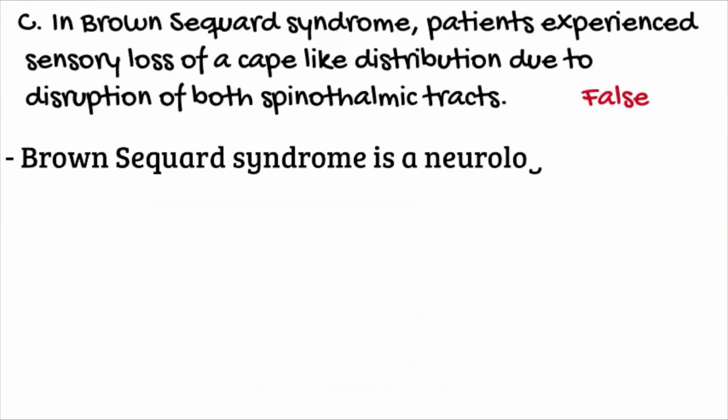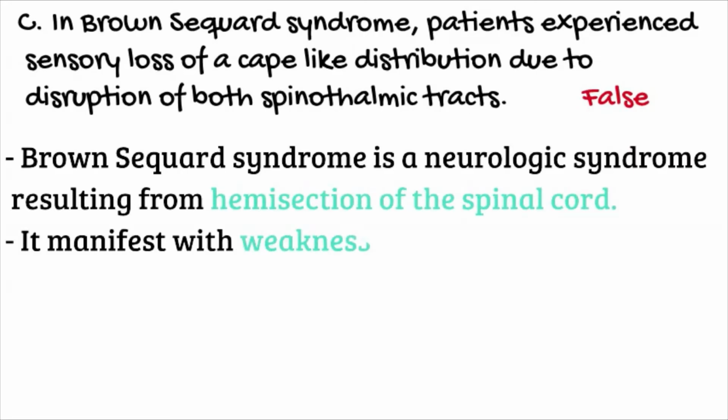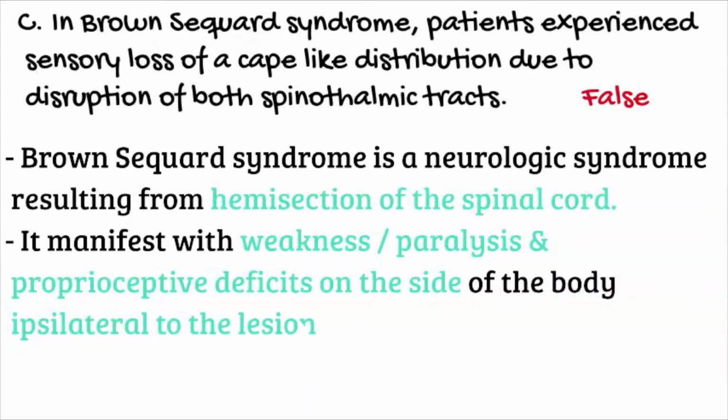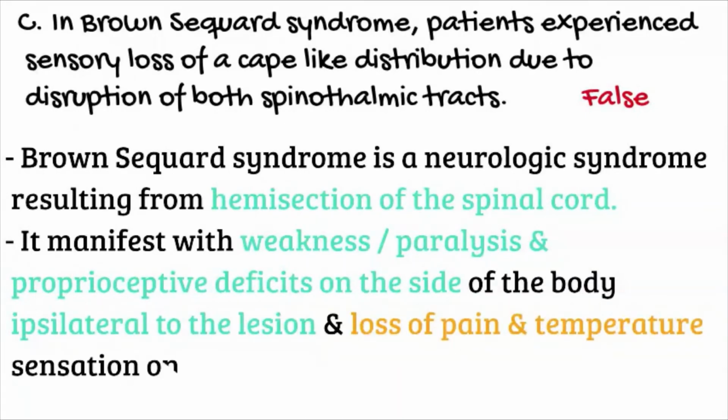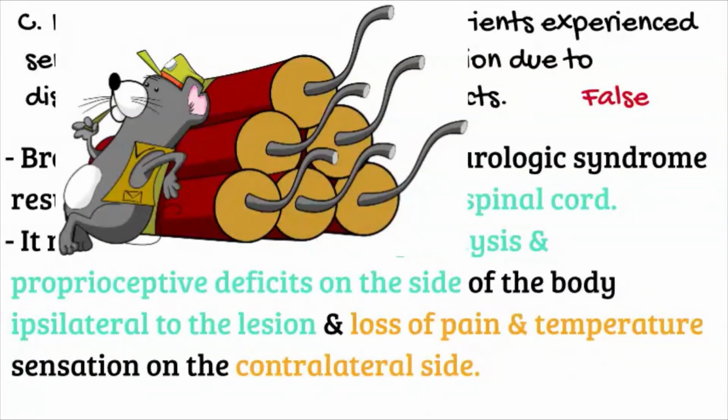Brown-Sequard syndrome is a neurologic syndrome resulting from hemisection of the spinal cord. It manifests with weakness or paralysis and proprioceptive deficits on the side of the body ipsilateral to the lesion and loss of pain and temperature sensation on the contralateral side.